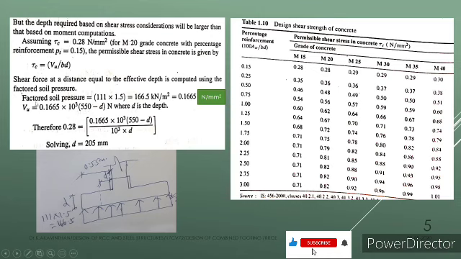If you want to find Vu, you are having a soil pressure, which we have found out as the factored soil pressure, 166.5. So let us assume 1 meter width. So the width is 1 meter, and for a critical section, we are finding the one way shear. So the distance for one way shear is D from the face of the column.